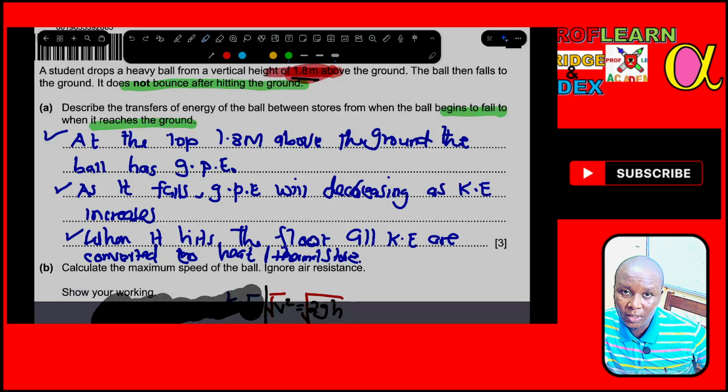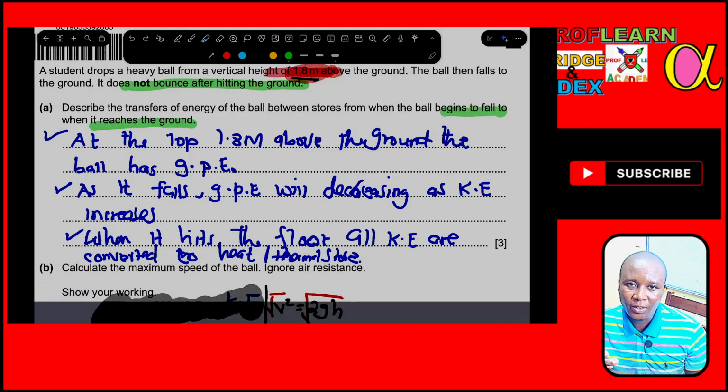The moment the object starts falling down, the potential energy is converted to kinetic energy. In the process of falling down, gravitational potential energy decreases, but kinetic energy increases. By the time it hits the ground, all of the gravitational potential energy will have been converted to kinetic energy. And in the process, all that kinetic energy will be converted to thermal energy.